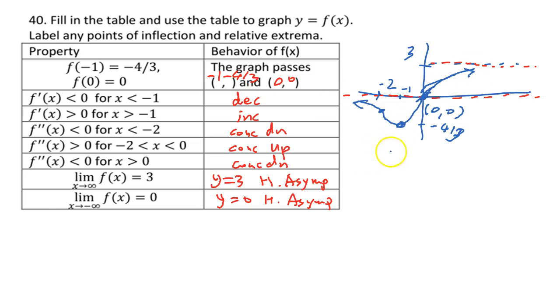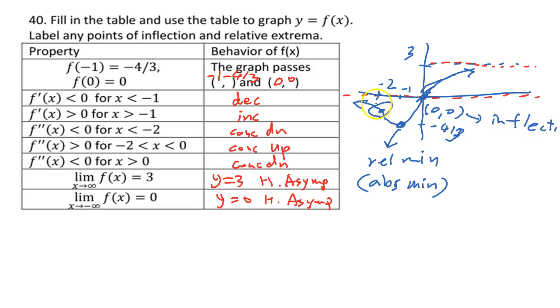Now in this graph, you see that this point here is a relative minimum, and also the absolute minimum, right? Saying it's the absolute minimum is not required by the problem, but it's good to know. And also at 0, 0, you have an inflection, and also here you have an inflection.